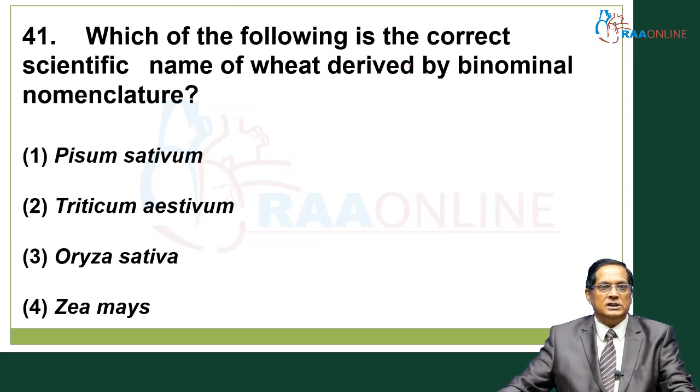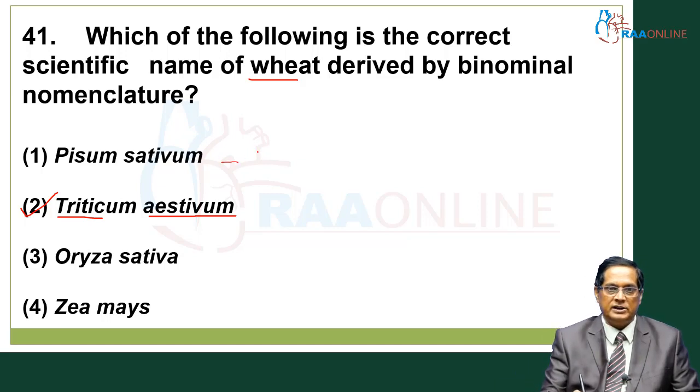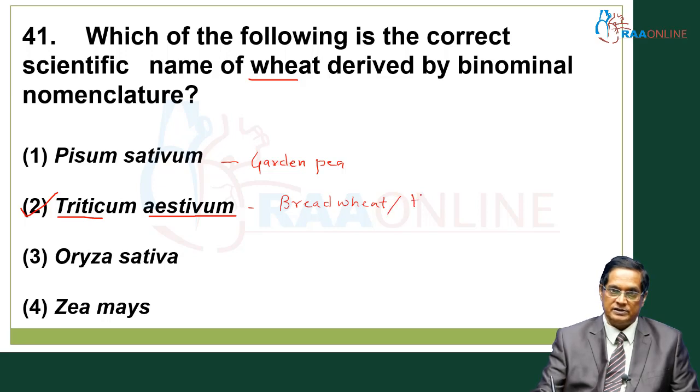Then which of the following is the correct scientific name for wheat? Follow that list. The answer is Triticum aestivum. Pisum sativum is the scientific name of garden pea. Triticum aestivum is the scientific name for bread wheat, also called hard wheat.